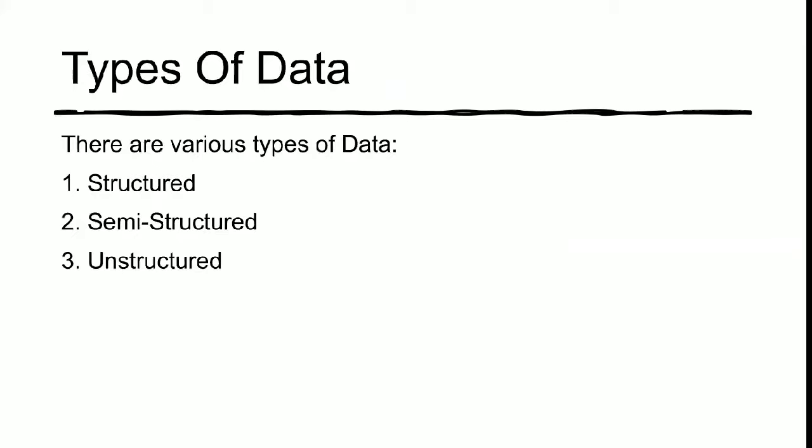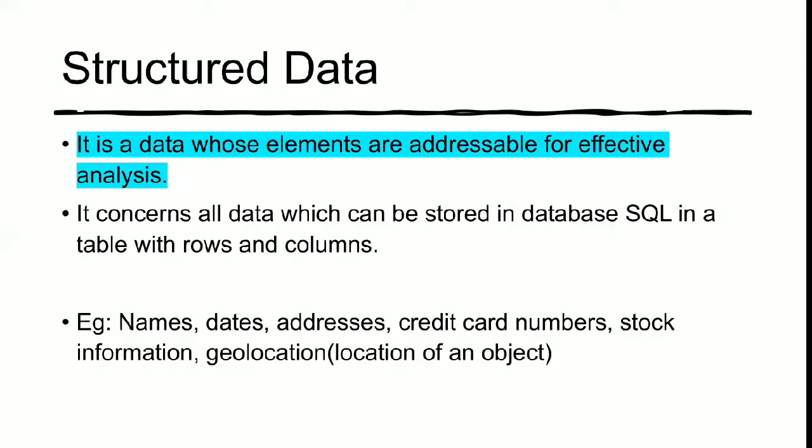Like I have told you in the previous session, we have three types of data: structured, semi-structured and unstructured. Now I will explain in more detail, through examples, what structured, semi-structured and unstructured data are. Let's get started with structured data. Structured data is data whose elements are addressable for effective analysis.